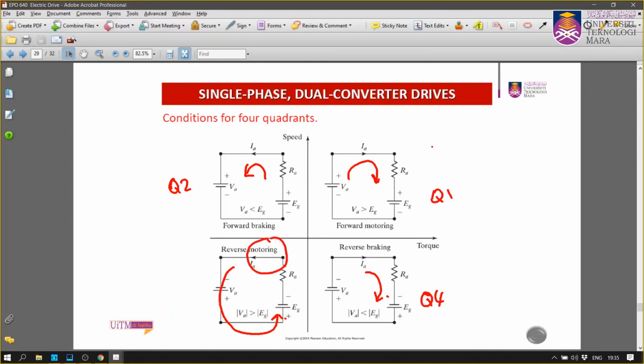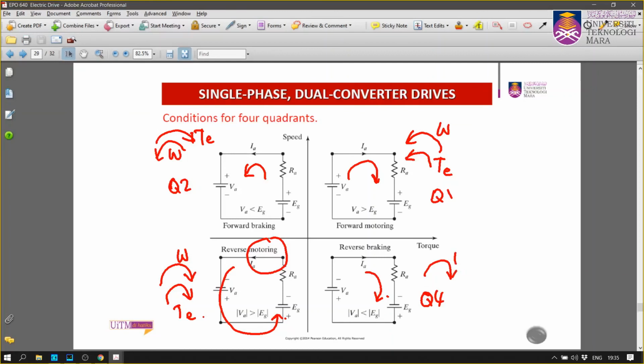So if you talk about speed, if you have a counterclockwise omega, and you have a torque also in that direction. Okay, sometimes you call it torque E. So here you have reverse direction omega, and then you have torque in reverse, and here you have speed again, same speed omega, and torque is reverse, torque E, and here you have the same omega.